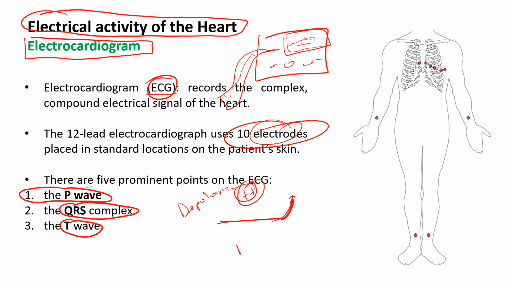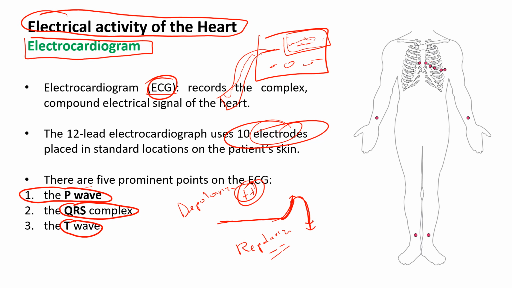When you have repolarization, we have positive charges leaving the cell, so the cell becomes more negative, right? So what that means is you're going to have a deflection, or the EKG will go towards the bottom.